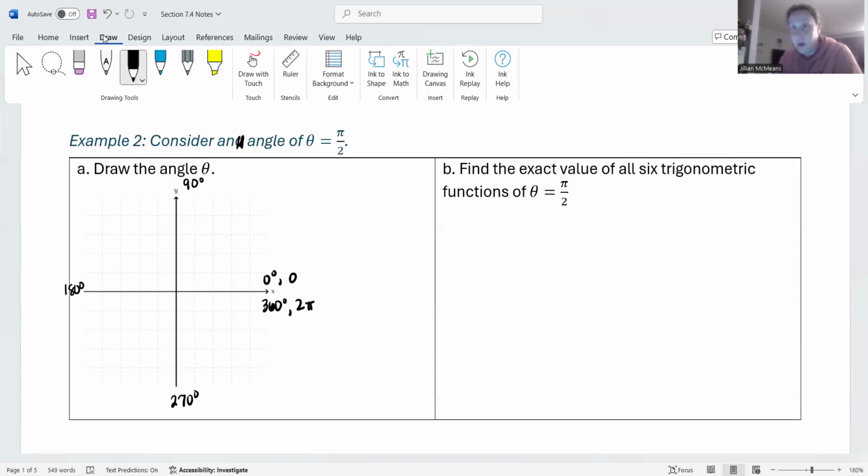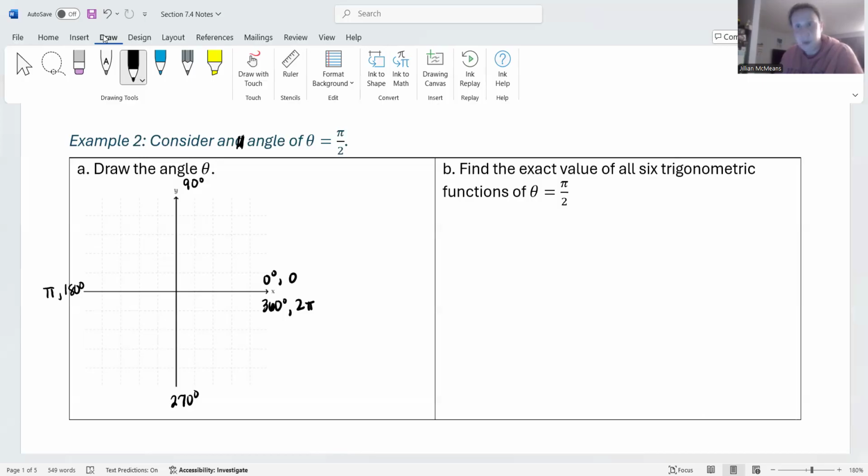Hopefully, you remember from your work converting between degrees and radians that we found that 180 degrees is equal to pi radians. Well, from 0 to pi radians is 180 degrees. Halfway from 0 to 180 degrees is 90 degrees.